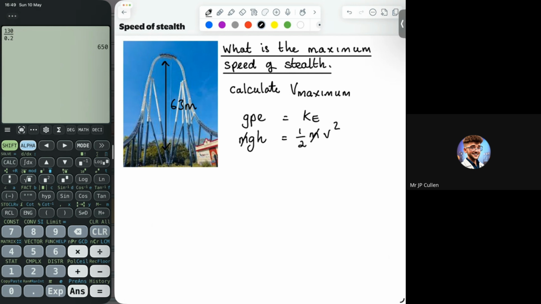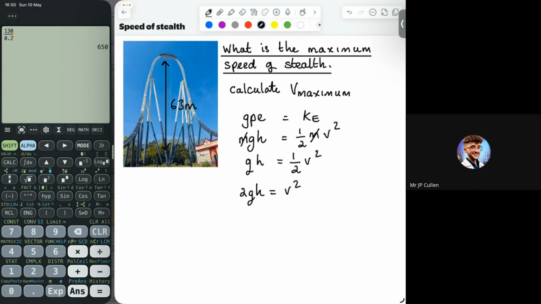The reason for that is there's no energy transfer, and we're not talking about terminal velocity. It's just a ride that's falling from a height and reaching its maximum speed. So we have gh equals a half v squared. We times the 2 to the other side, so 2gh equals v squared.